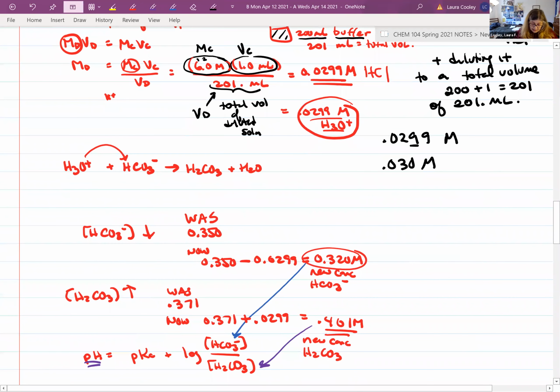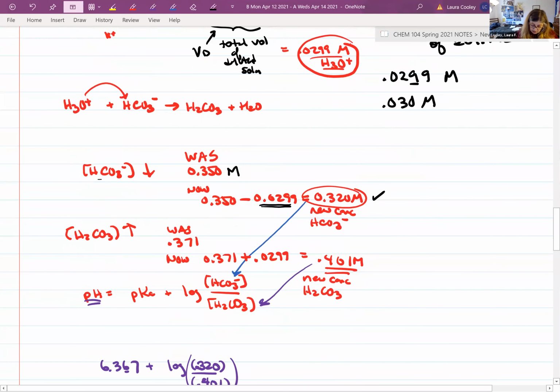So what I had for the HCO3 minus, the initial concentration was 0.350 molar. That goes down by an amount equal to the amount of H3O plus that was added. And so when you subtract, you get 0.320.